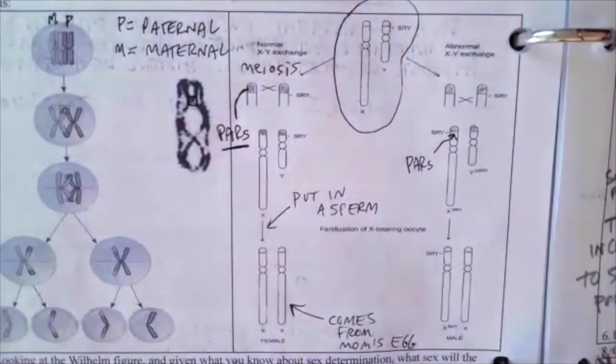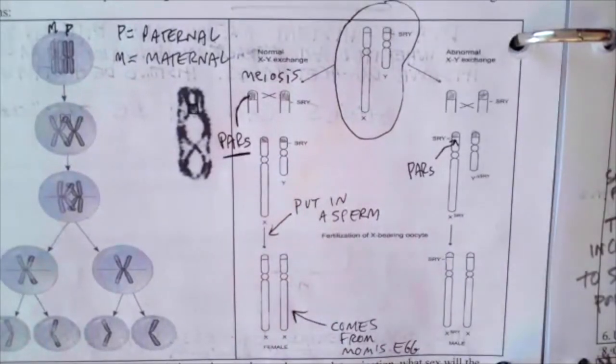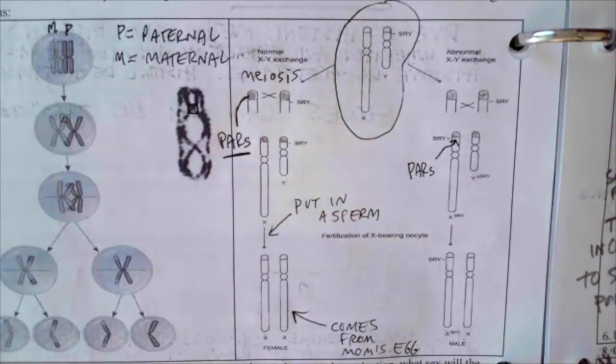And so after fertilization, the resultant baby has two what, Miriam? Two what for the sex chromosomes? Wait, I'm sorry, I tuned out for a second.